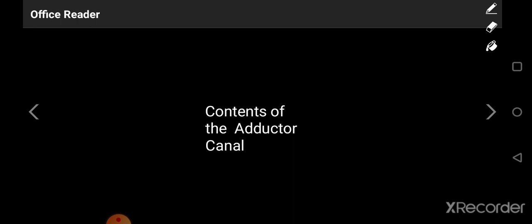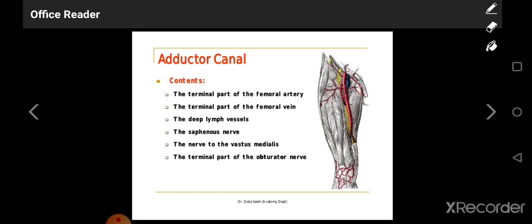Then we come to the contents of the adductor canal. The adductor canal contains the terminal part of the femoral artery, the terminal part of the femoral vein, the deep lymph vessels, the saphenous nerve, the nerve to vastus medialis, and the terminal part of the obturator nerve.